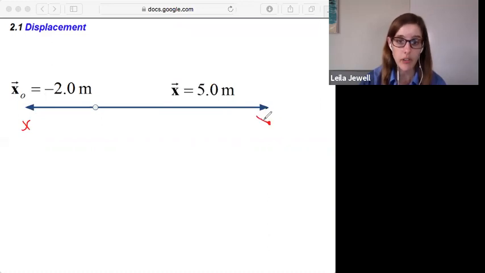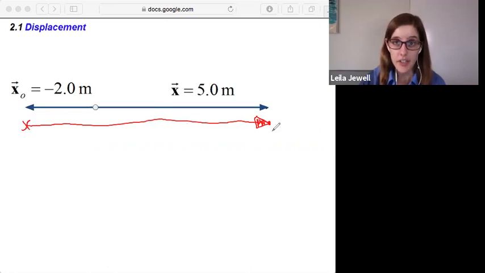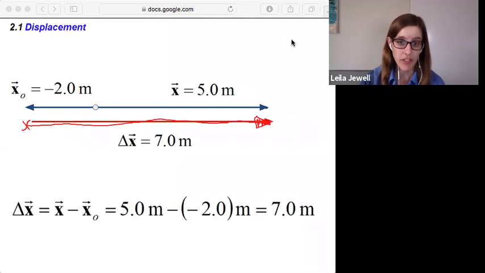If we draw an arrow to our finish point, then our displacement is going to look something like this, where we've gone a net amount of 7 meters, right? You can do 5 minus a negative 2, and that becomes positive 7.